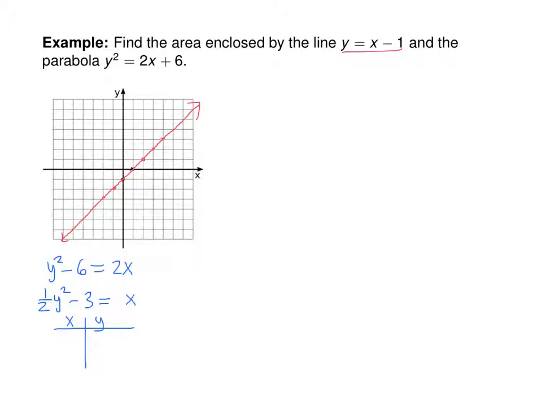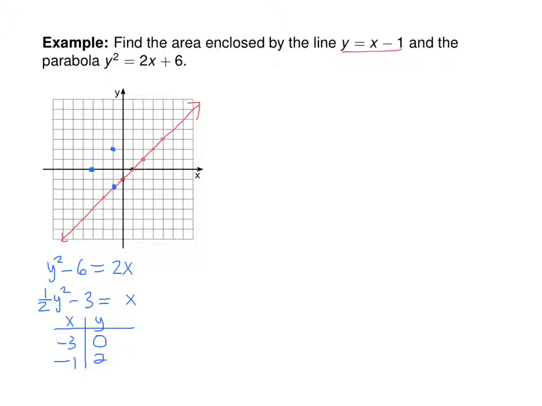If y is 0, x is -3. If y is 2, 2 squared is 4, half of 4 is 2, 2 minus 3 is -1. So back 1, up 2, and you can reflect that over the x-axis.